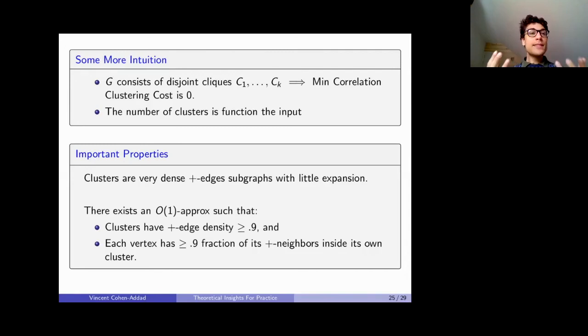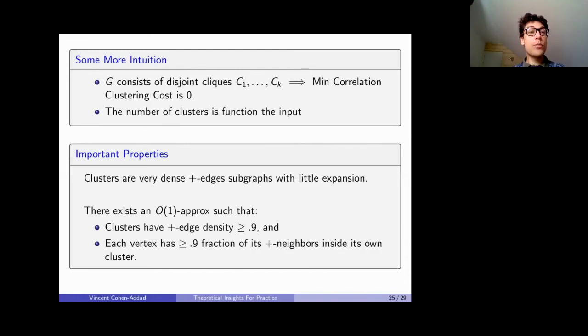Almost all edges inside the cluster are there, 99%. Because if that's not the case, then I have a significant fraction of minus edges inside, so I'm already paying a lot. If I'm only after a constant factor approximation and 10% of my internal pairs are connected with minus edges, I might as well pay a factor 10 and make everyone a singleton vertex.